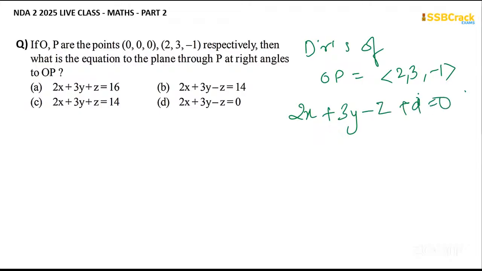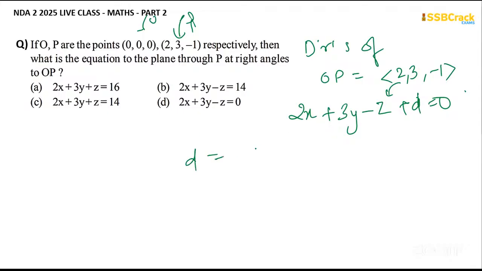With the help of this, we can bring out d, right? Okay, since the plane passes through P, this is the P and this is O, it means that it will satisfy the given equation. So you can put 2 as x, 3 as y, and -1 as z. Then you will get d.